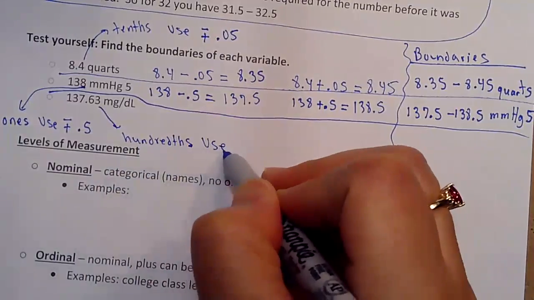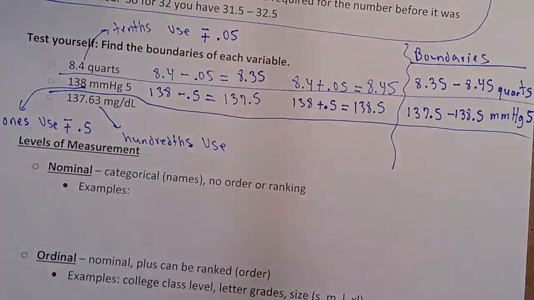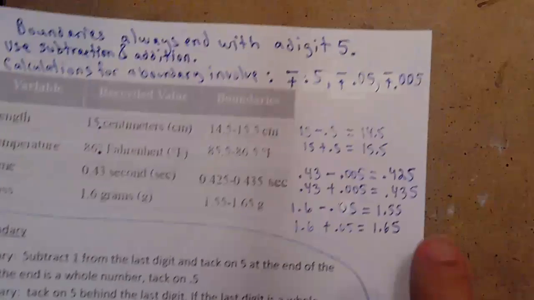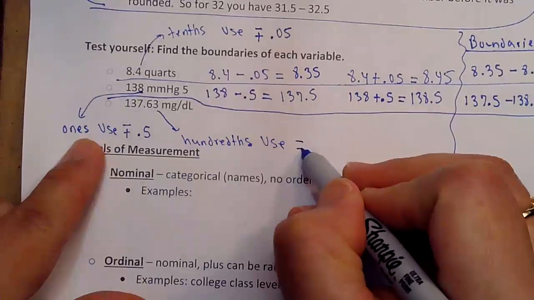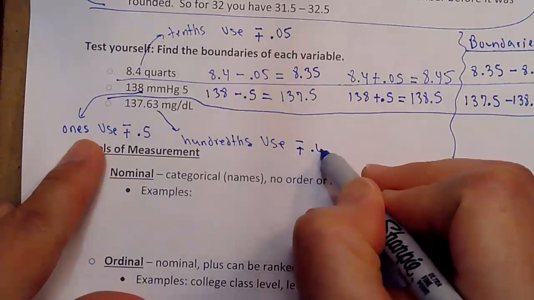So you want to use one decimal place beyond hundredths, the thousandths place, another extra decimal place beyond what the data was presented as. So you want to use minus and plus 0.005.